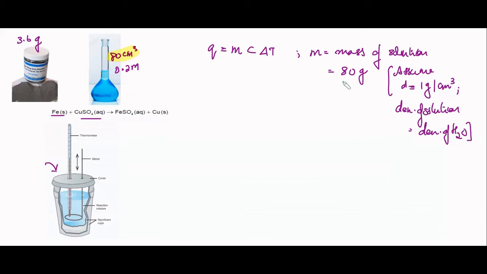So we've got the m value. Now let's see what is c. c is actually the specific heat capacity. Here again, we are assuming that it is 4.184 or 4.18 joules per gram per degree Celsius. This is actually the specific heat capacity value for water. This is the next assumption that is made here.